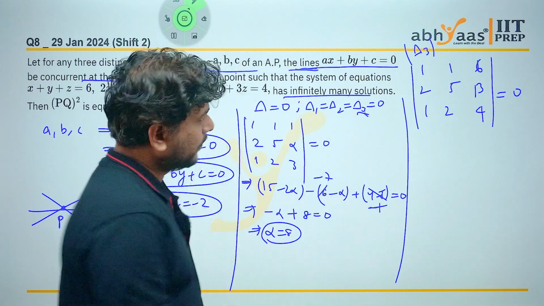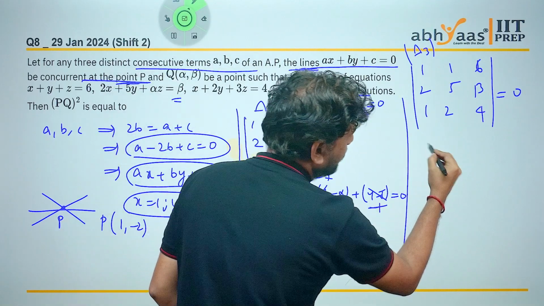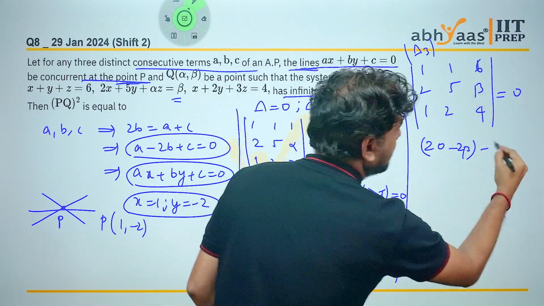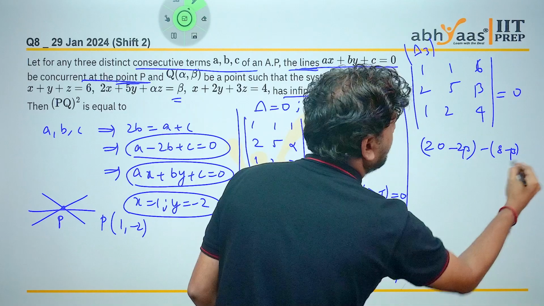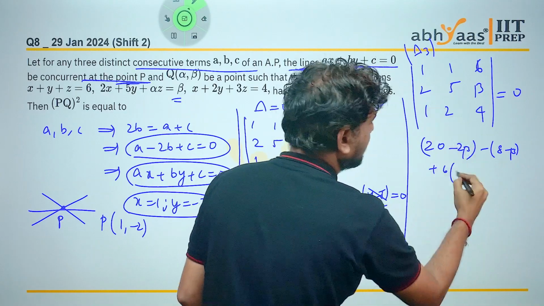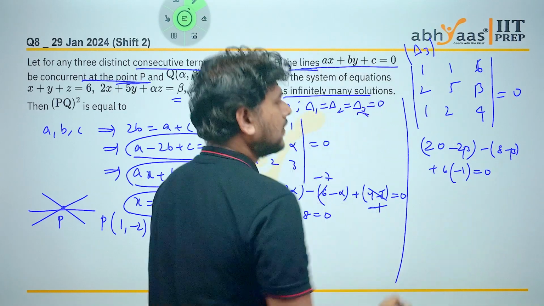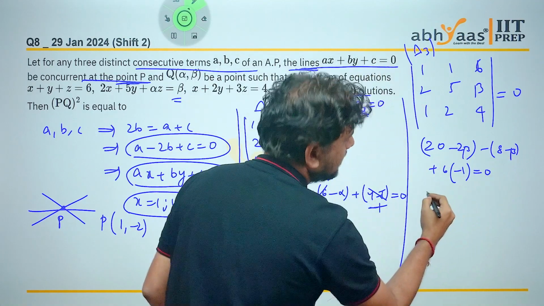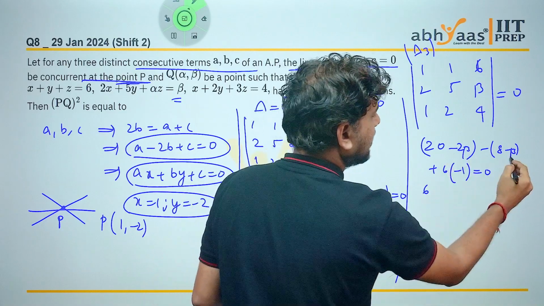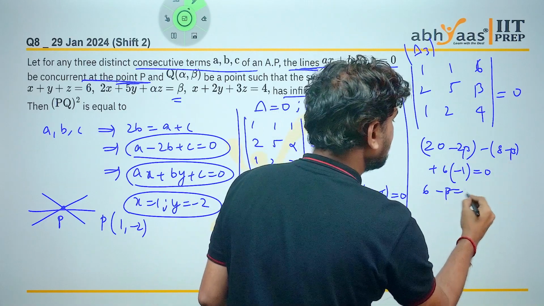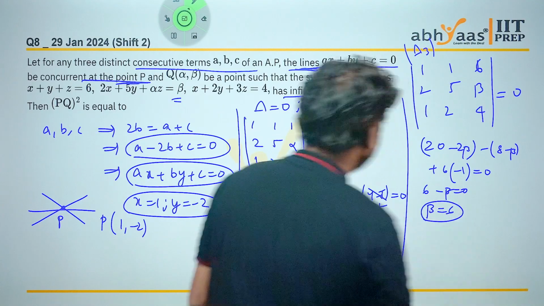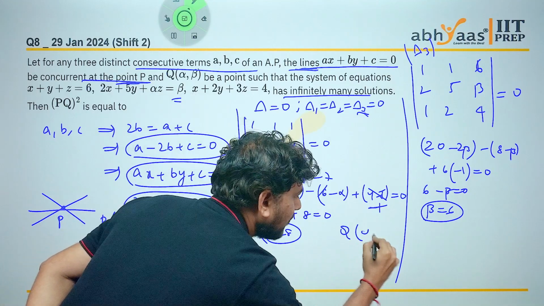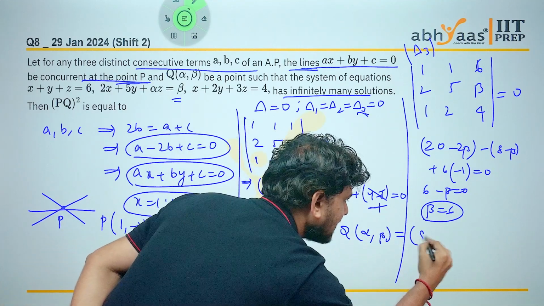Now 5 fours, 20 minus 2 beta, minus 8 minus beta, plus 6 into 4 minus 5, minus 1, equal to 0. So 20 minus 8, 12. 12 minus 6, 6 minus 2 beta plus beta, minus beta equal to 0. So beta is equal to 6. We got the values of alpha and beta, that is 8, 6. So Q(alpha, beta) is the point 8, 6.